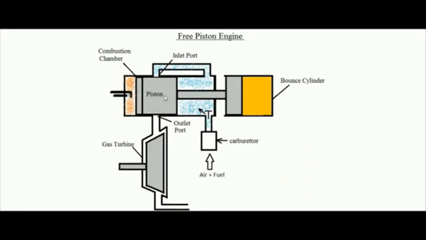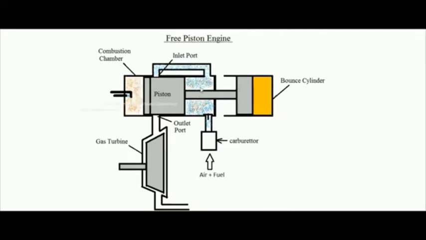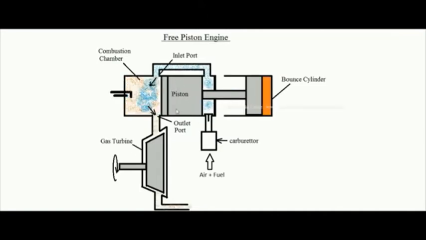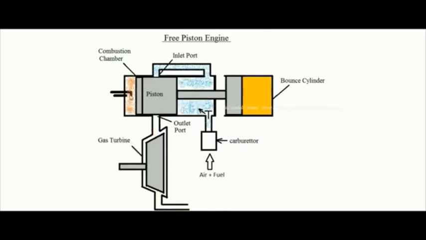You can see, when it is moving toward the right hand side, this valve is a non-return valve. Behind this two-stroke engine piston there is fresh charge, and the bounce cylinder contains pressurized air. So again this bounce cylinder piston will push this piston toward the left hand side. Again it will be compressed.